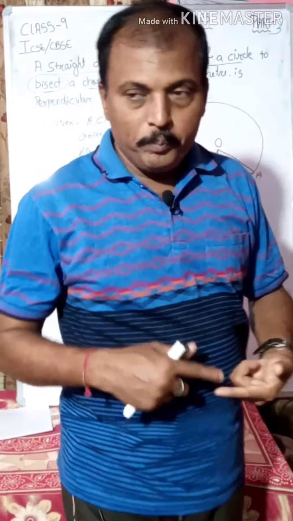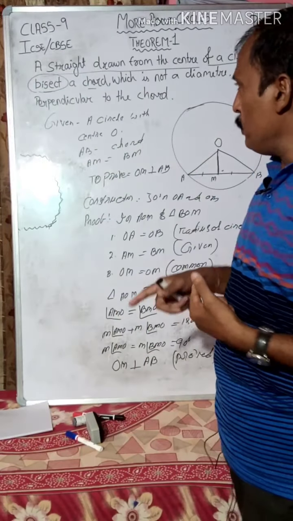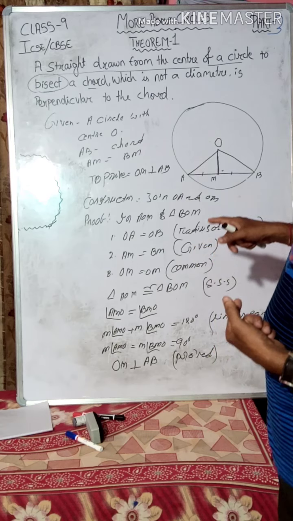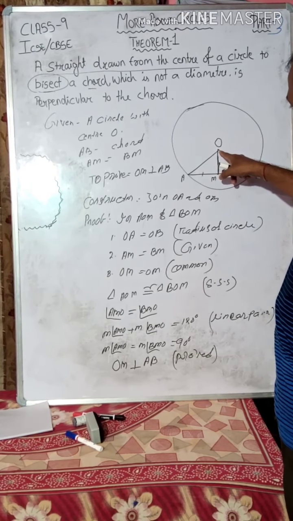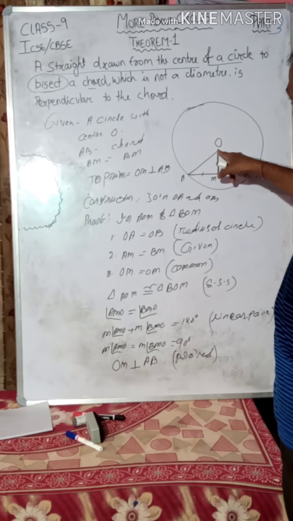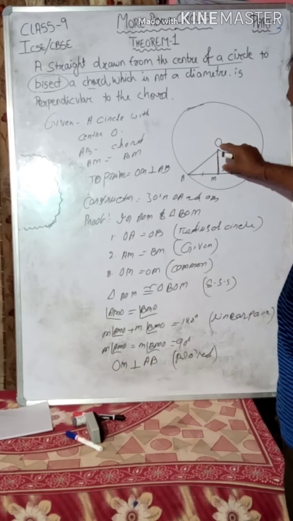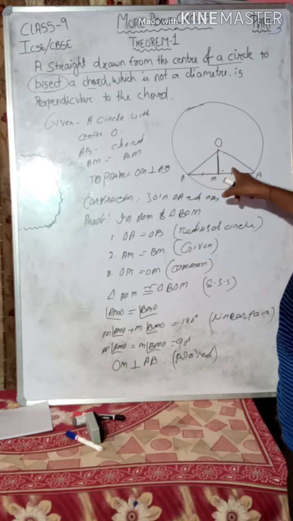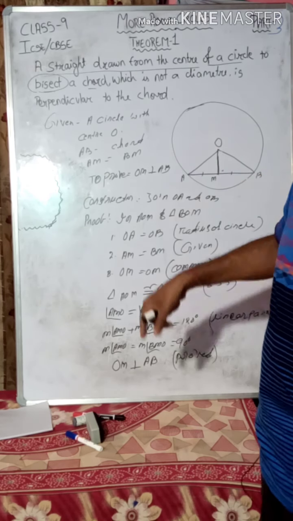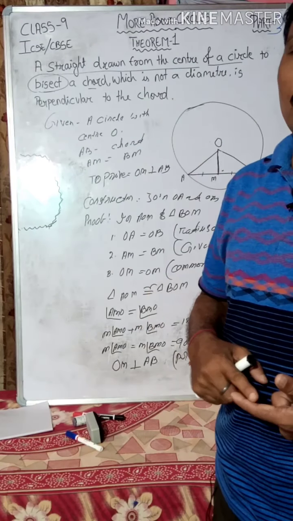Then theorem 2, just the reverse of this theorem. Second theorem: a straight line drawn from the center perpendicular to the chord bisects the chord.